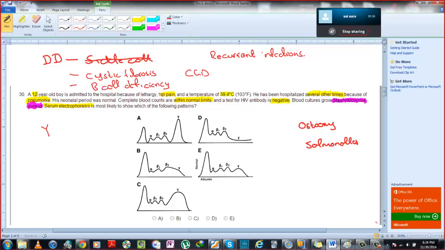So tell me, what is this gamma? It could be the interferon, like I already said, or it could be IgG. Fair enough.